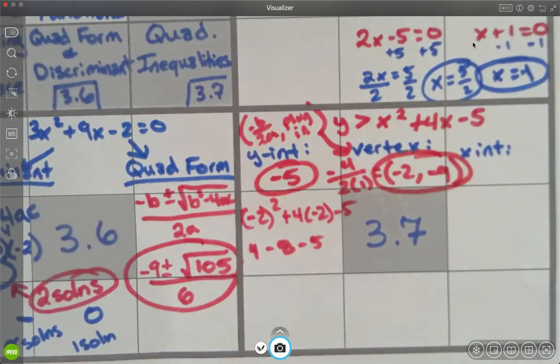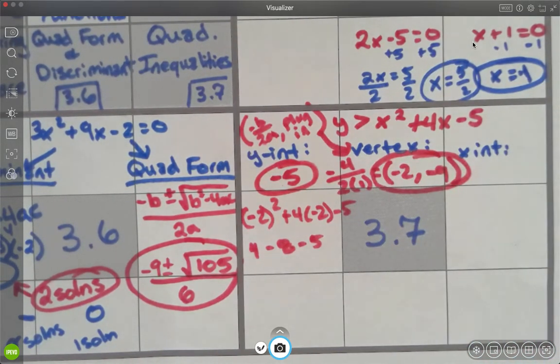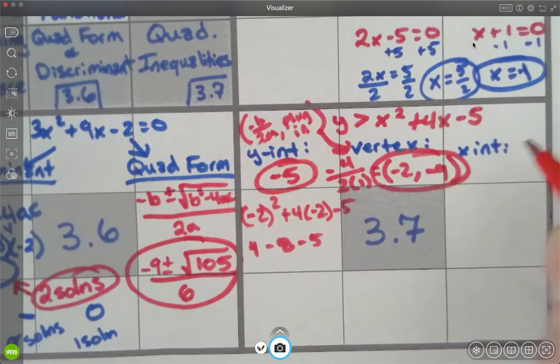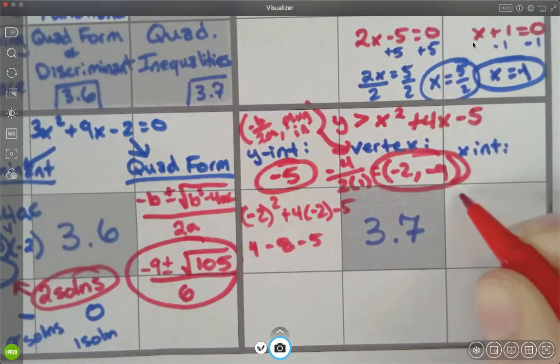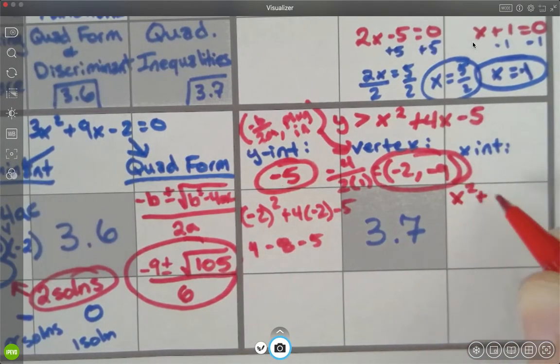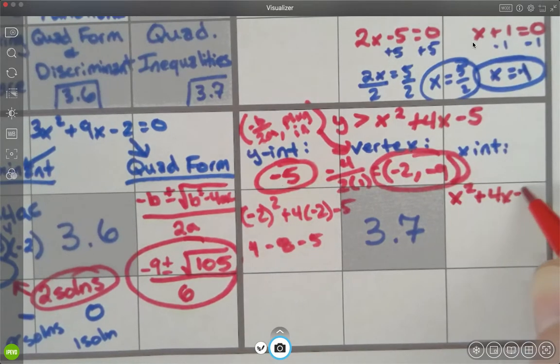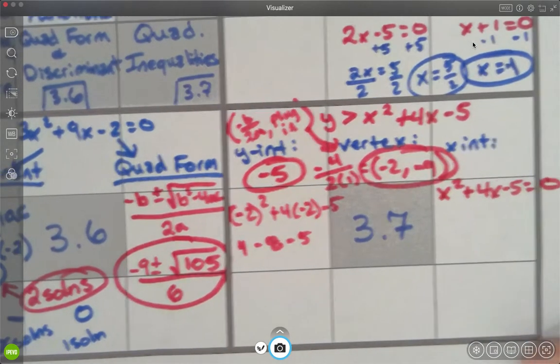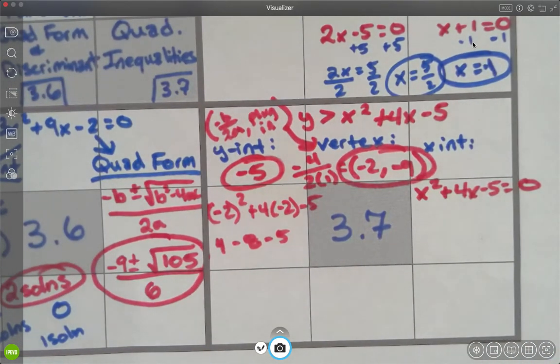So we're getting closer. We've got those two things, -5 and (-2, -9), and we're going to graph them in a minute. Now the x-intercepts: I'm looking for x squared plus 4x minus 5 equals 0. You can use the quadratic formula, but what's faster?